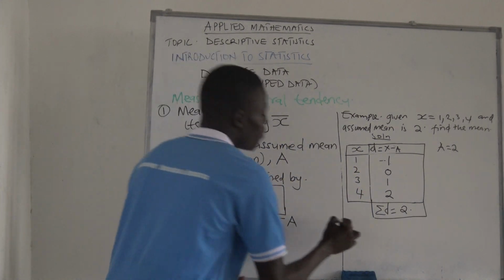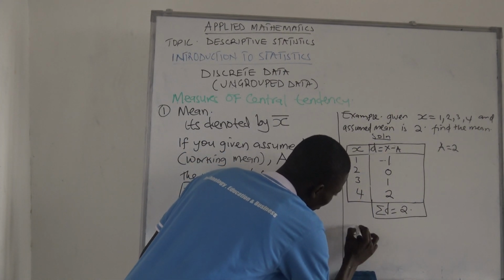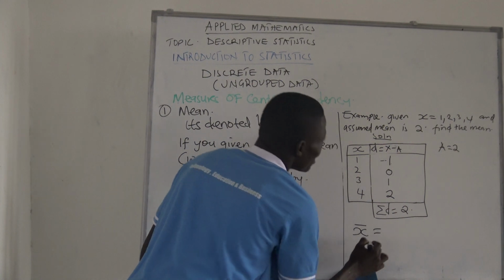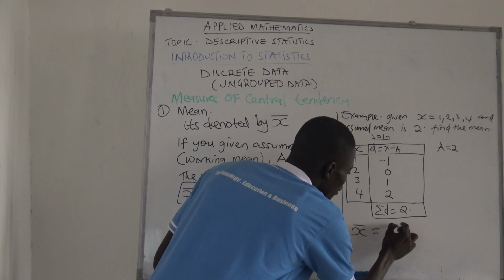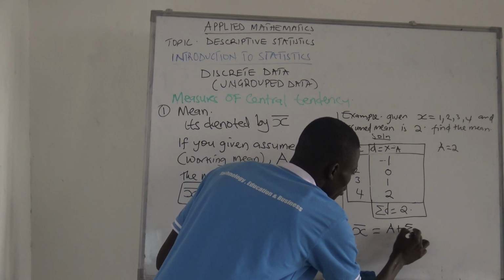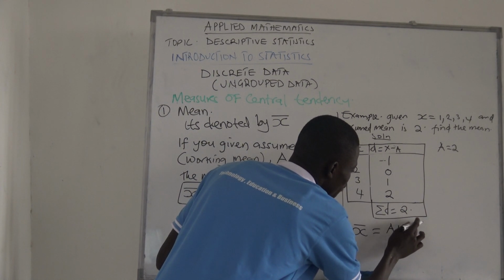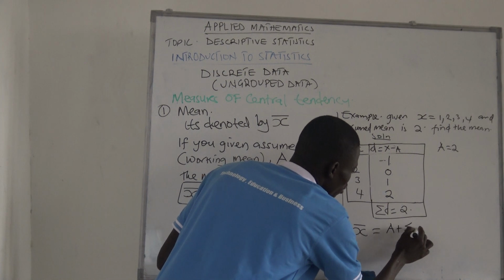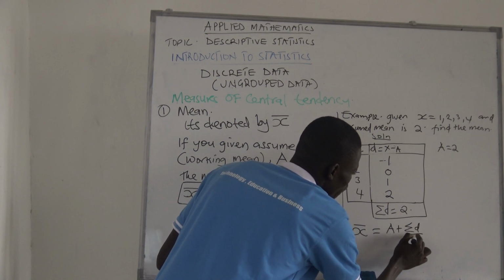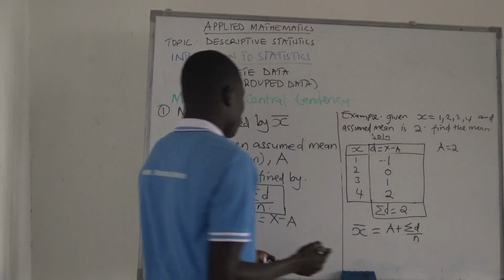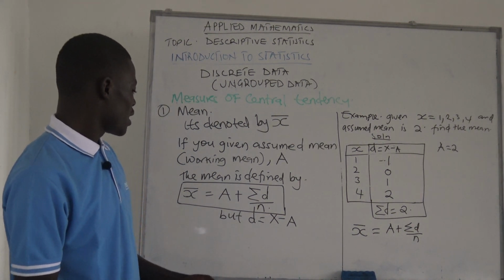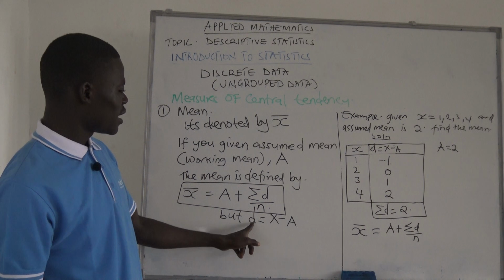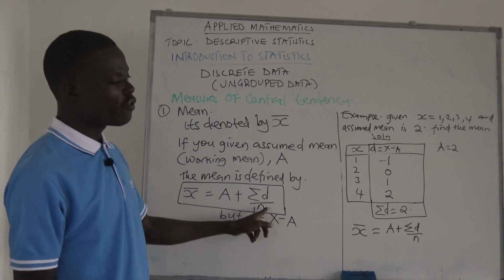Then we said our mean is given by the assumed mean, which is a, plus summation of d out of n. Please note, summation of d, this d is the only one out of n.